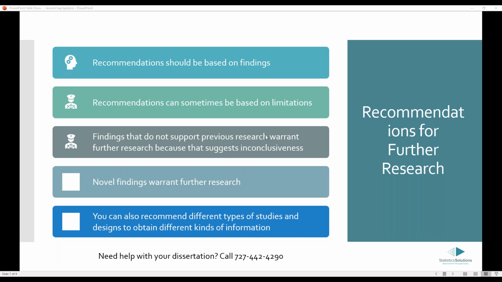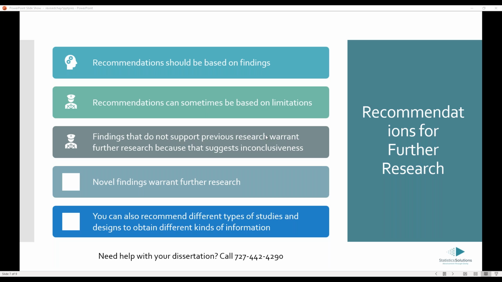You can also recommend different types of studies designed to collect different types of data. So if you conducted a quantitative study, you can recommend a further qualitative study on the topic to get more in-depth information about it.